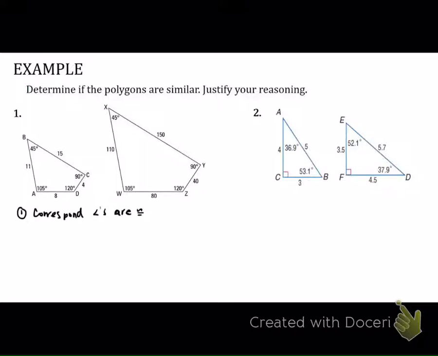So now we're going to check that the proportions of our sides are all the same. So what would 11 go over? 11 over what, Logan? So we do 11 over 110. Hunter, if we're going with 15, 15 would be over.